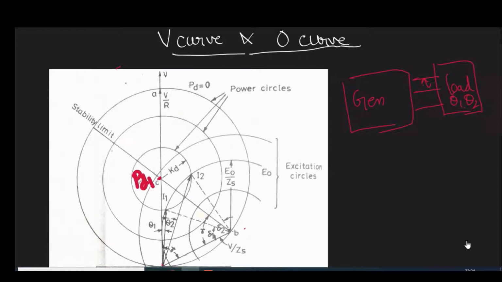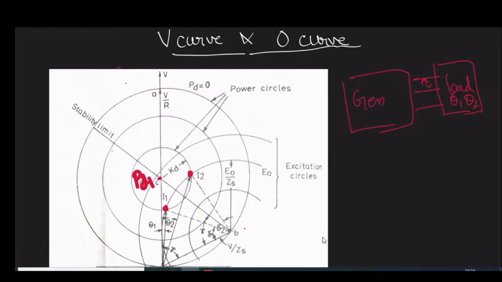For the same excitation, having two different values of power factor will give us two different values of delta 2.